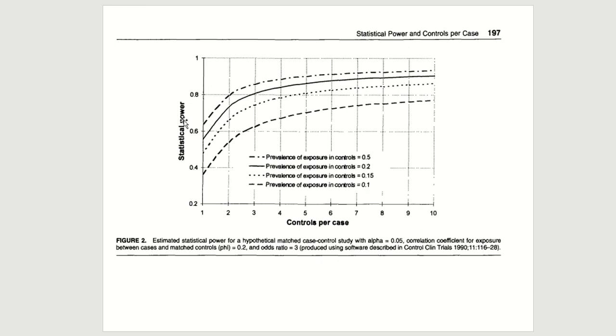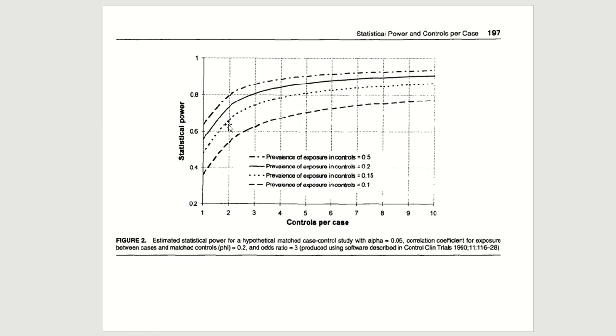The lines show what happens to power as the number of controls per case increases, and the different lines represent different prevalence of exposure in the controls. The point being, they're all showing the same trend. From 1 to 4 approximately, you have a real increase in power.